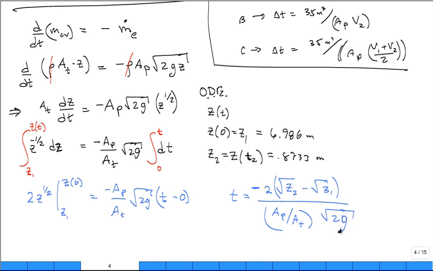I think I did the algebra correctly. And so you can now calculate that time. I calculated it to be 15,580 seconds, which is a lot of seconds. It's 4 hours and 19 minutes and 39 seconds.